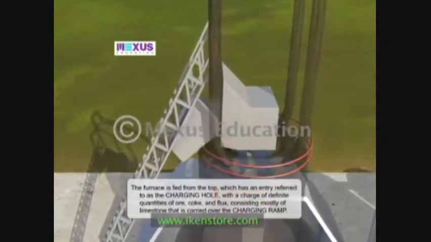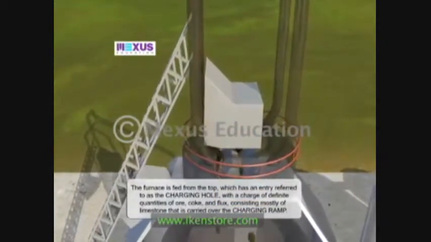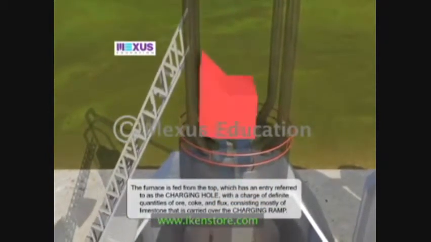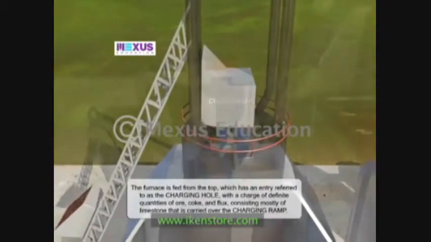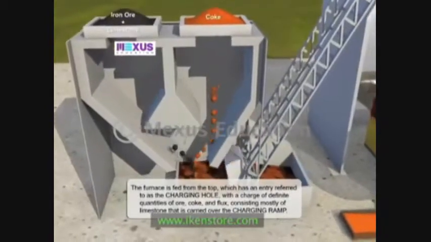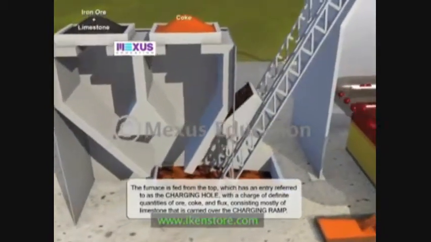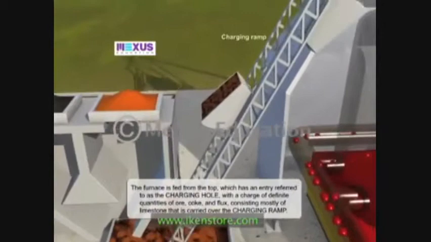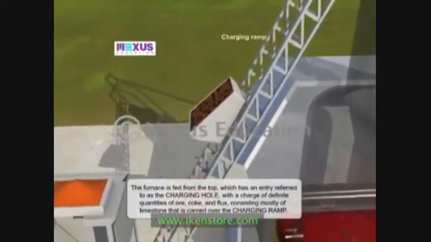The furnace is fed from the top, which has an entry referred to as the charging hole, with a charge of definite quantities of ore, coke and flux, consisting mostly of limestone that is carried over the charging ramp.